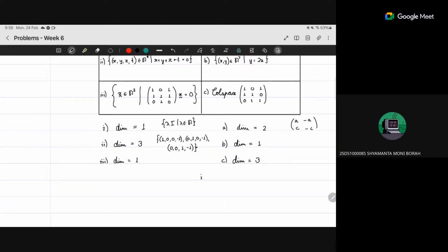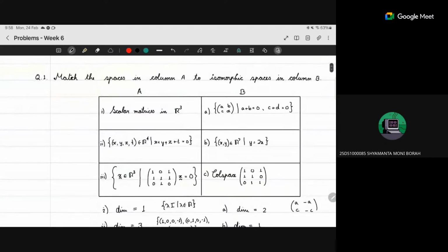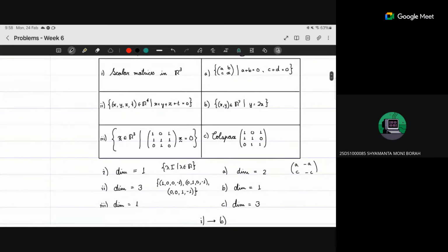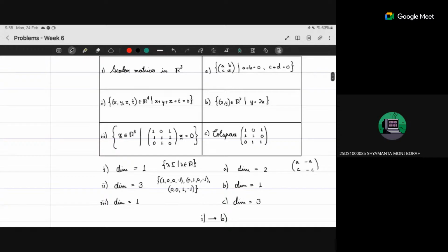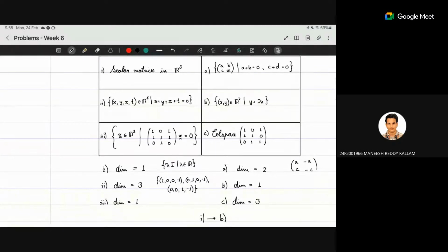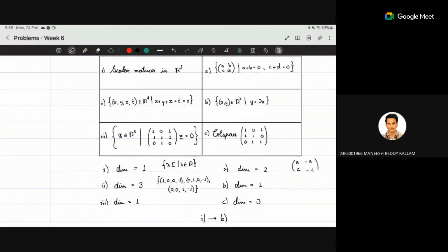Can you just go up, sir? Scalar matrix is in R3. So this one will be mapped to 2U. Because both are one dimensional, I guess he's checking the spaces. The logic behind 1 and B. That's why he's confused, I guess. No, I'm not sure what the confusion is. The dimension has to be the same, right?